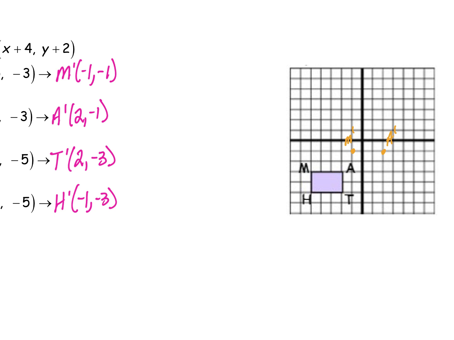And 2, negative 3 is T prime. And negative 1, negative 3 is H prime. So there's my lovely little rectangle. By the way, I did not make this, somebody else made it.